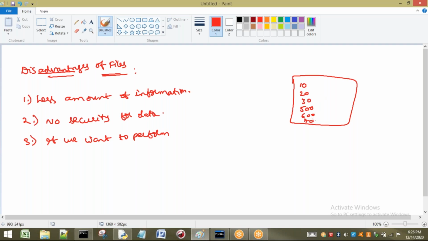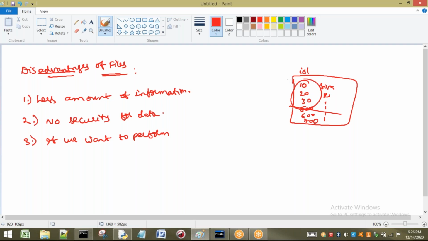For example, here some names are there, Shiva, Ram, and so on. Here these are IDs, or some amount. I want to get the IDs which are less than 50 or less than 100. So we have to get these IDs.